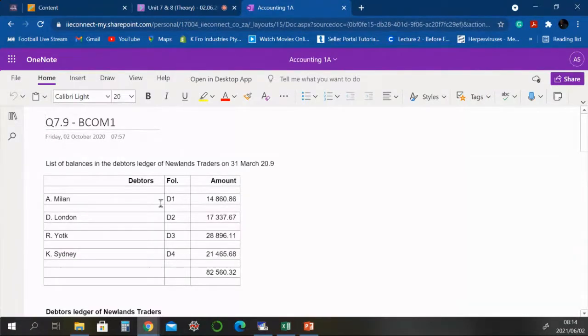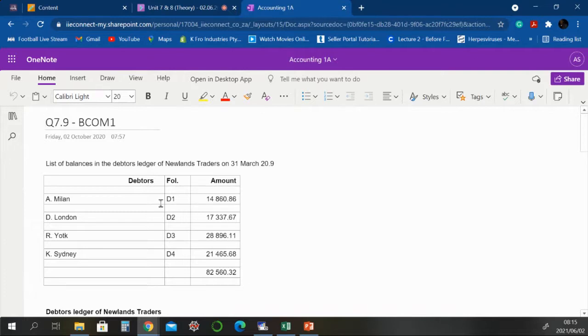So the two things that they want us to do are the debtors ledger for Newland traders, and this is done, it's exactly what we did in 7.4 and 7.5. And then they want us to do the debtors list. So let's see what's happening on the top there. Newland traders uses a periodic indicator.